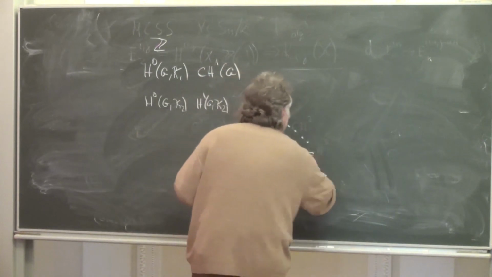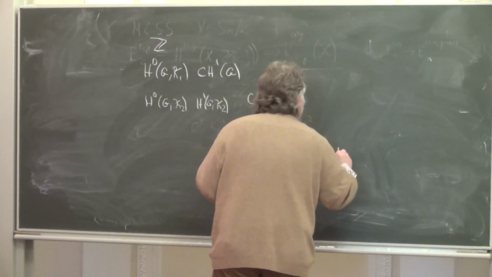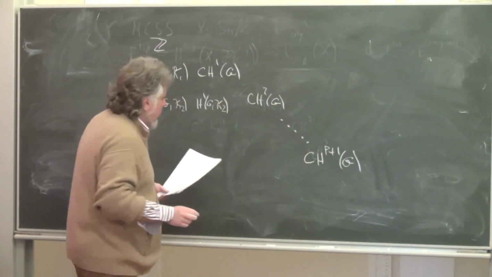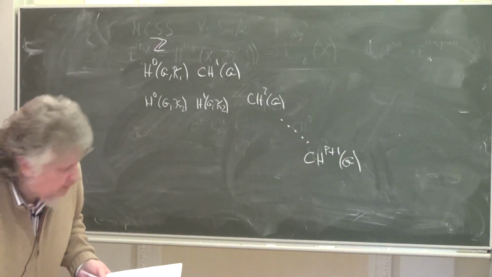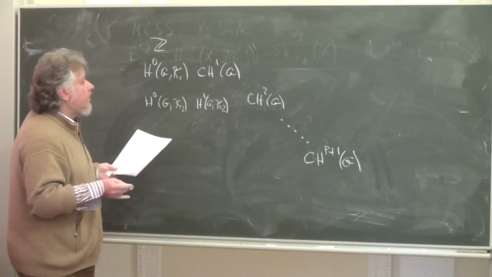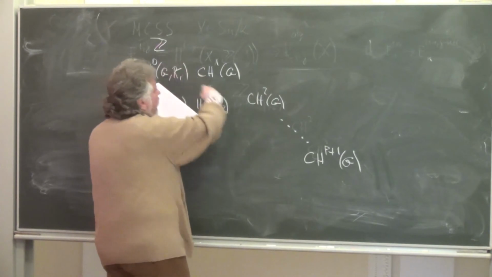And here let me write Chow p plus 1 of G. And here, okay, here I have everything. So it has a form like this. Let's just look at two diagonals, this one and this one.